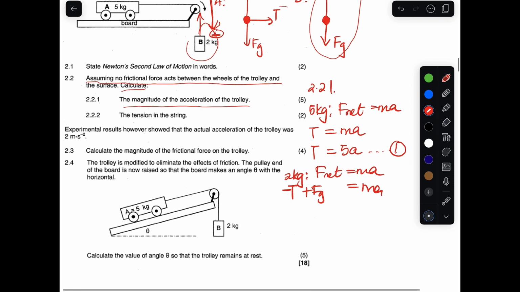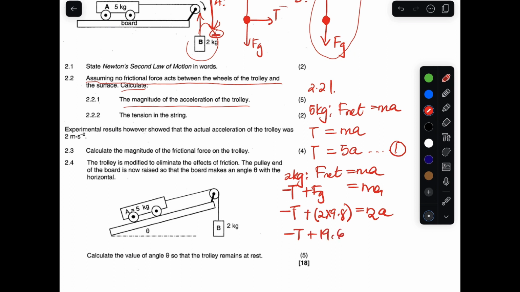Then we have negative T plus mg. The mass there is 2, so 2 times 9.8, is equal to the mass 2 times a, the acceleration. Then it's going to be negative T plus 19.6, since 2 times 9.8 is 19.6, is equal to 2a.